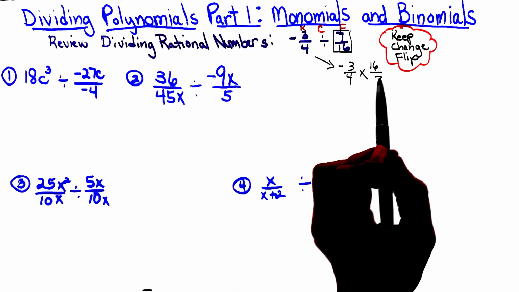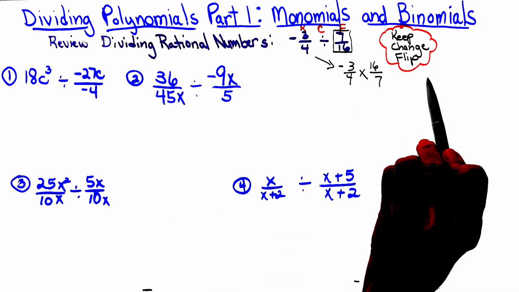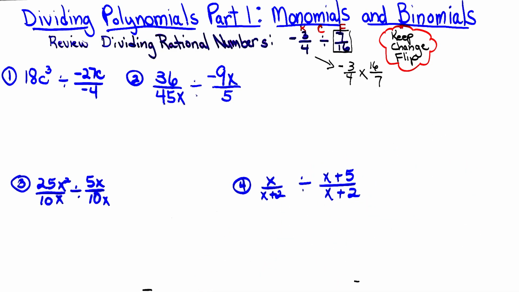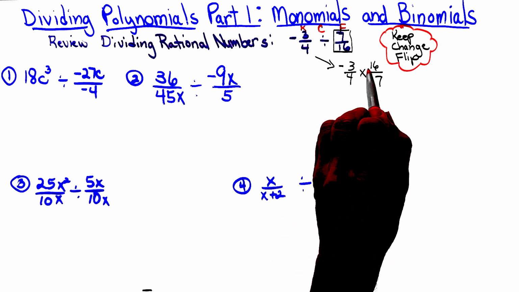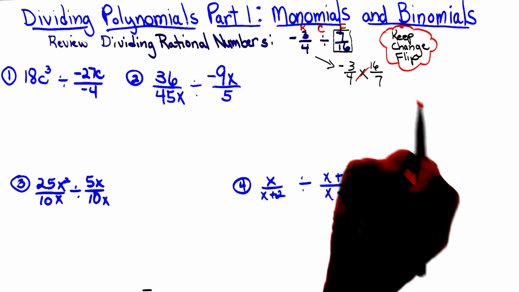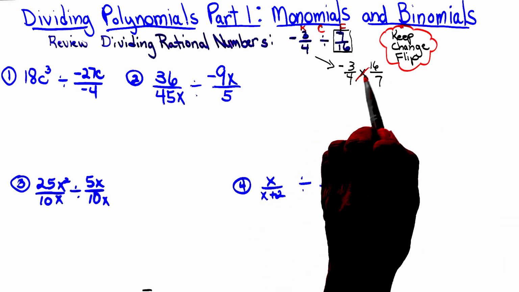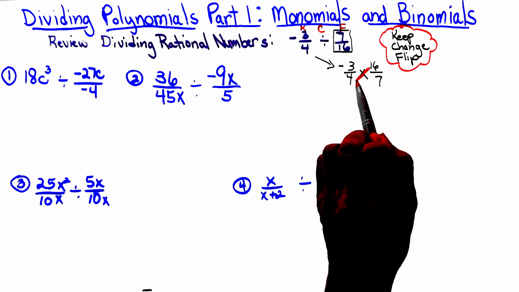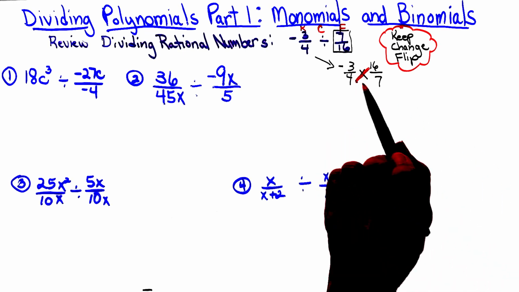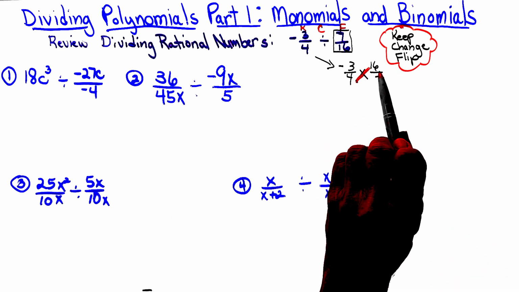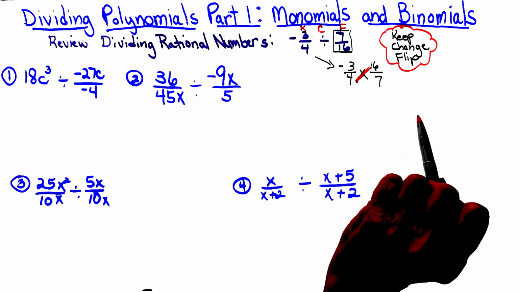Well, we know that we could multiply straight across and get a negative 48 over 28, but I'm hoping you've learned that you can simplify before you multiply straight across. So I can find common factors that are across from each other. I know 4 and 16 have a common factor.